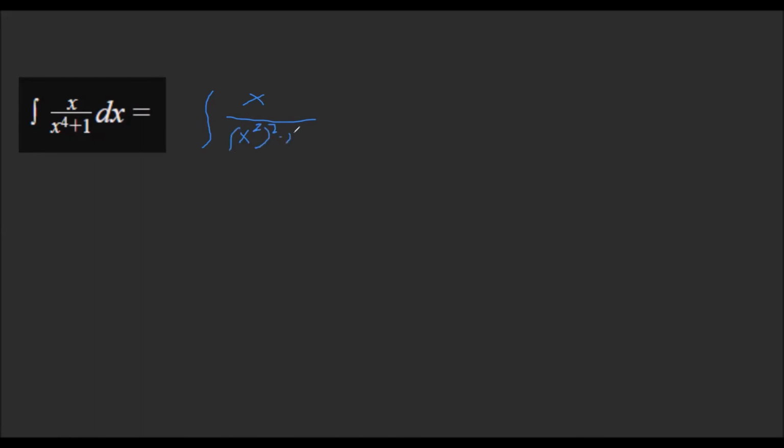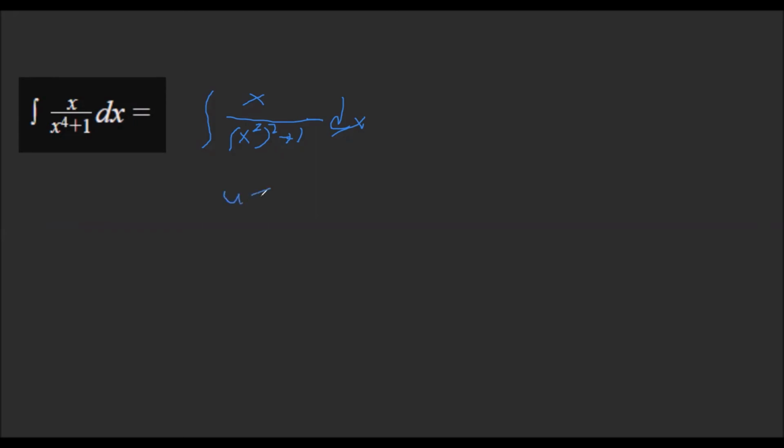And now we can see that this is almost in the form of arcsine being 1 over x squared plus 1. This is equal to arcsine. And so we can just declare x squared as u. And that will allow us to get rid of the numerator.